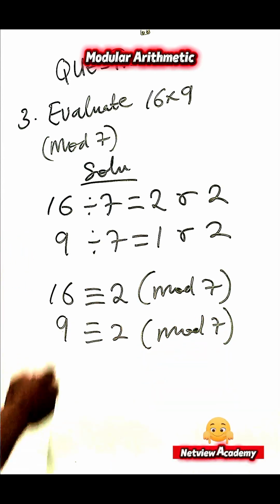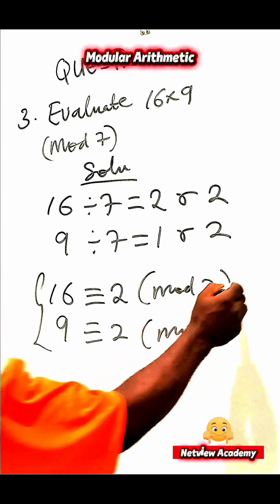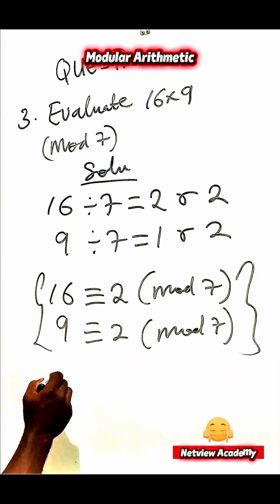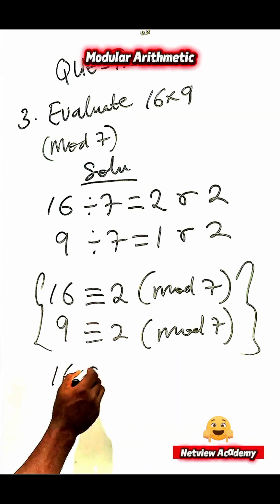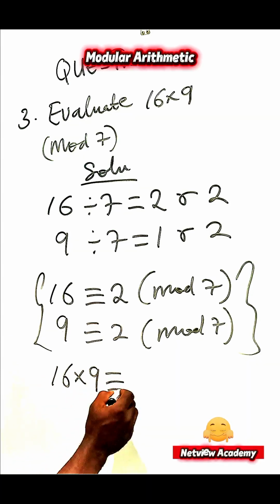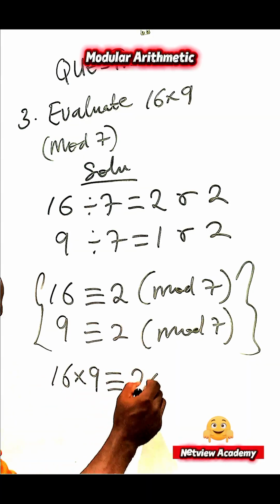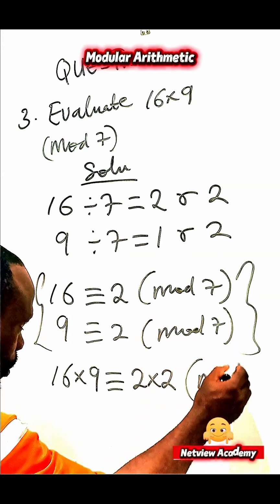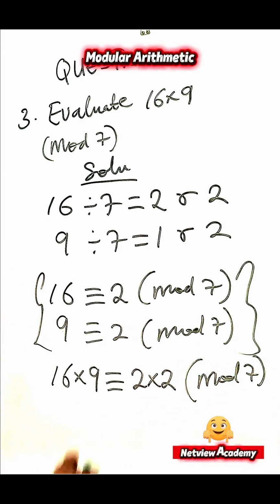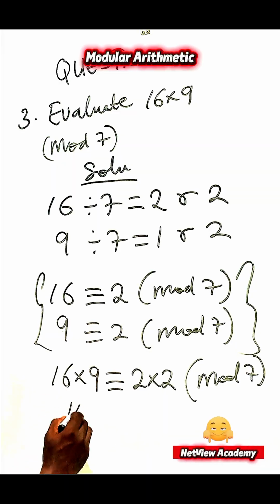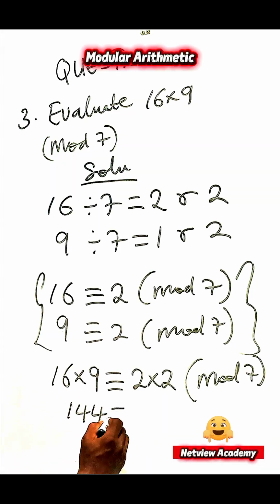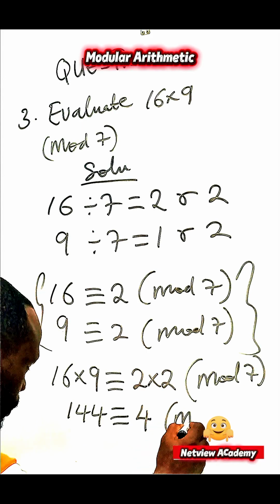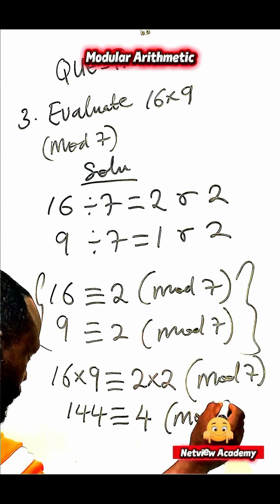So now we can multiply these two expressions. 16 multiplied by 9 is congruent to 2 multiplied by 2 mod 7. Now this is the same thing as 144 is congruent to 4 mod 7.